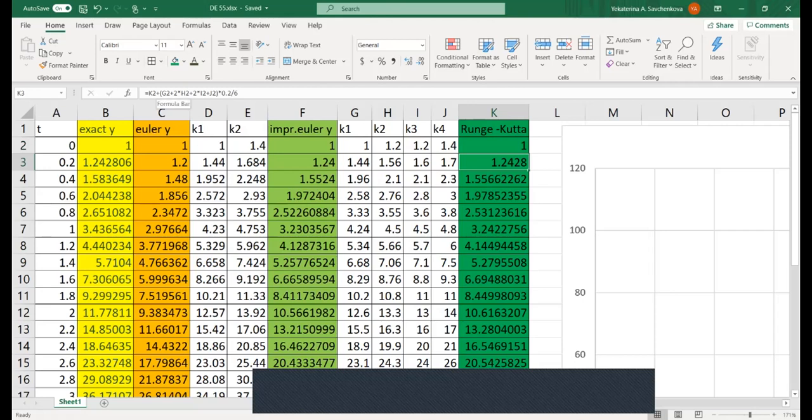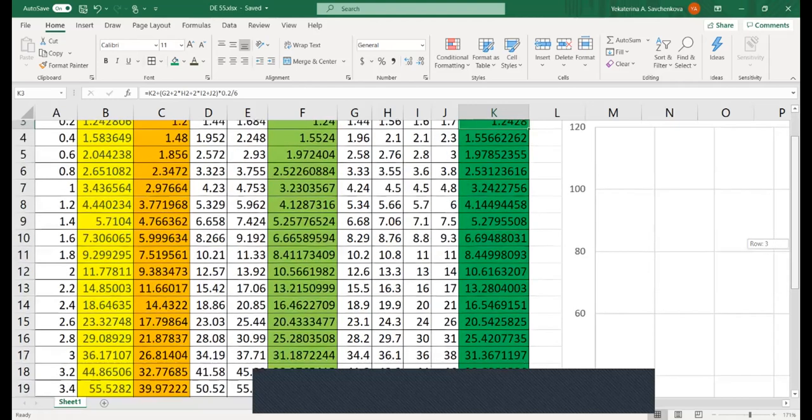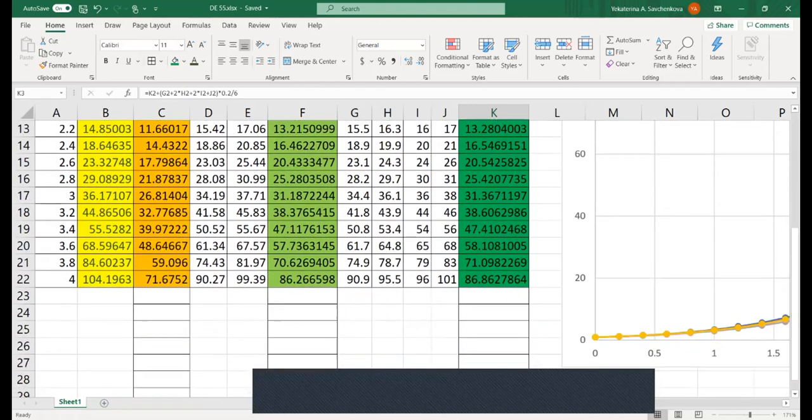Okay, then I stretch these formulas one step down, and then I stretch the whole thing down. Well, those are the calculations, right? I'm going to show you what we have at the end. At the end, we have the exact value 104, Euler's formula 71, a better prediction from improved Taylor, and a better prediction from the Runge-Kutta method, though these two are not super different.